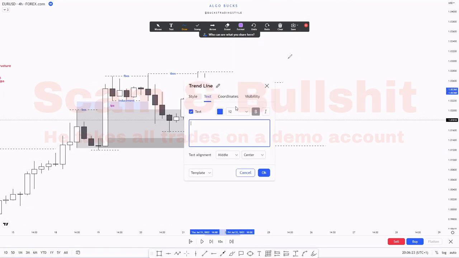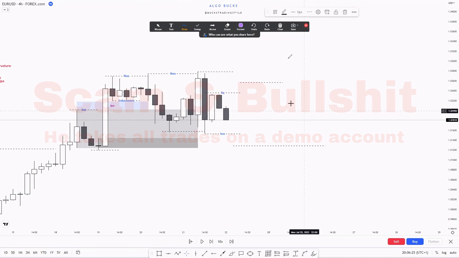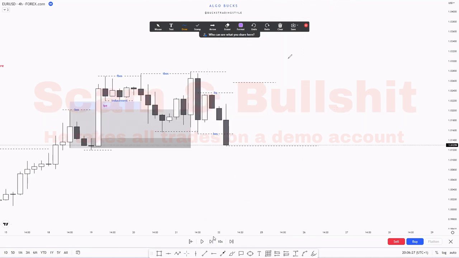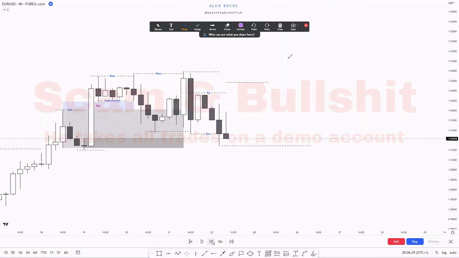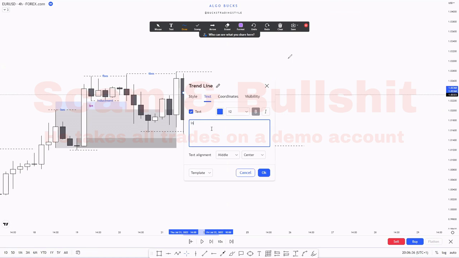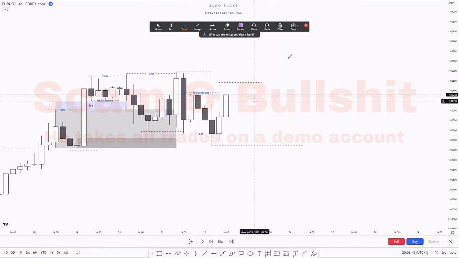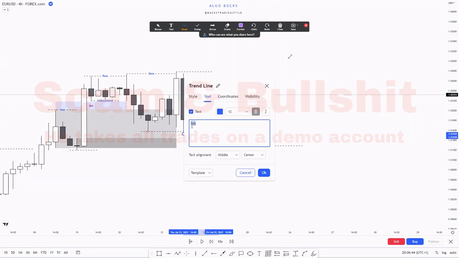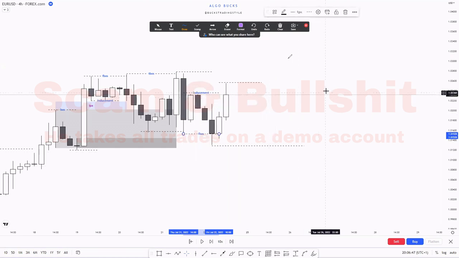All of these highs are liquidity. So let's keep seeing. Price broke the structure. Then as soon as price takes out this high right here, this becomes our inducement. Then this low becomes our fake break of structure.